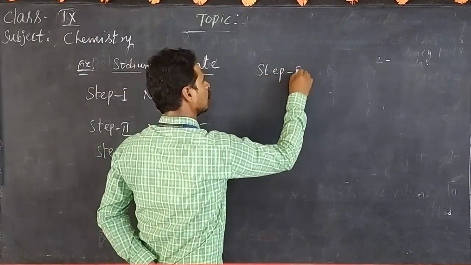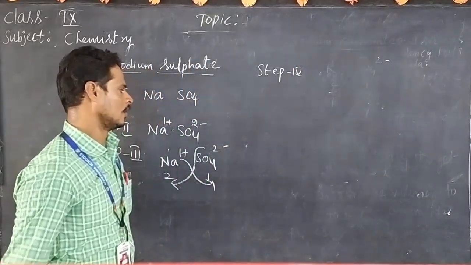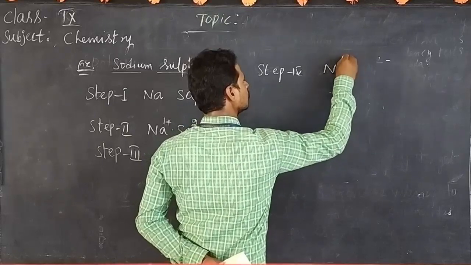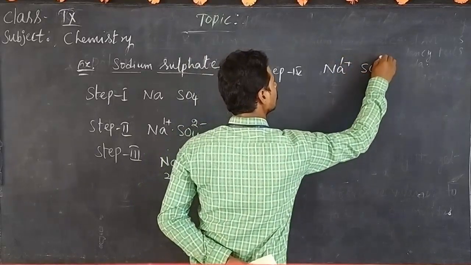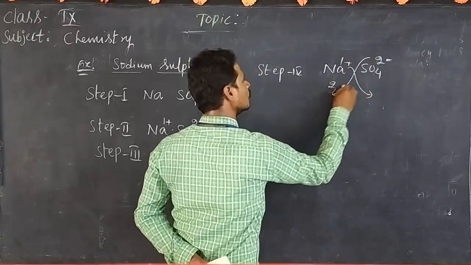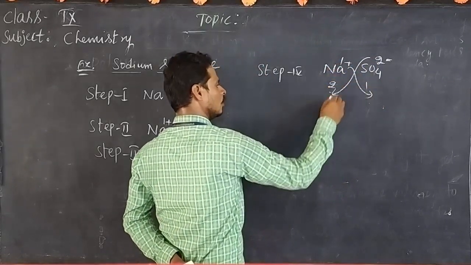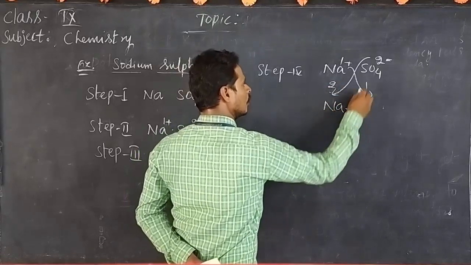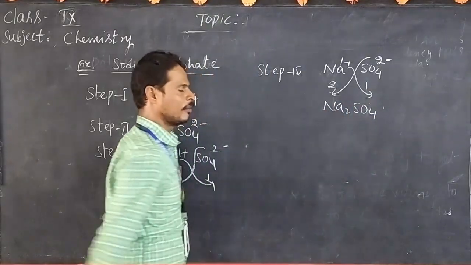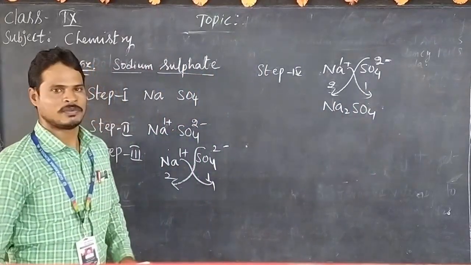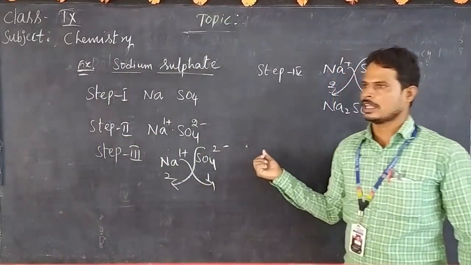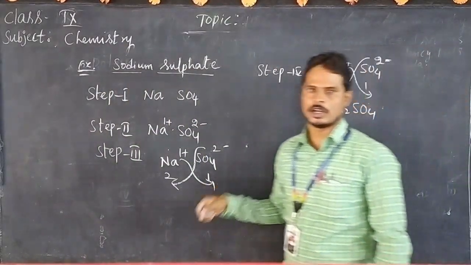Step 5 means here we consider step 4. The third step is ignored. Two, one. How many sodiums are involved? 2. So that's why Na2, sulfate 1, SO4. So this is the chemical formula of sodium sulfate. Next class we will discuss the remaining examples.